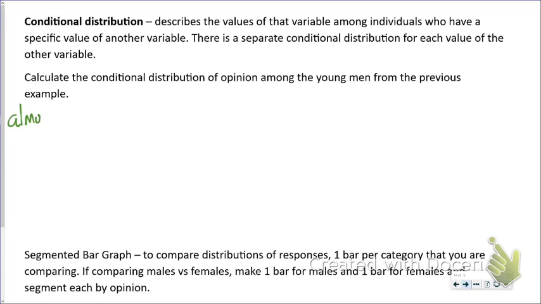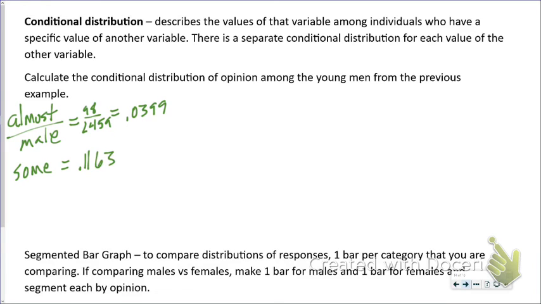One way you can write it, if you want, you could write it like this, because we kind of write it like that for probability. We're going to go 98 divided by 2459 and get 0.0399. For some, we're going to go 286 divided by 2459 and get 0.1163.